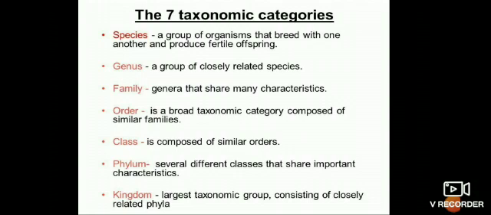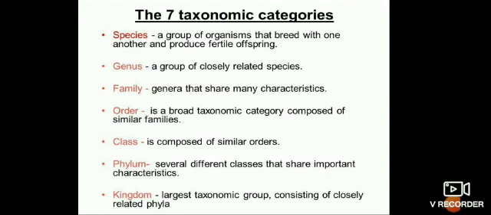Genus: a group of closely related species. Family: genera that share many characteristics. Different genera which share some similar characteristics are grouped under family.